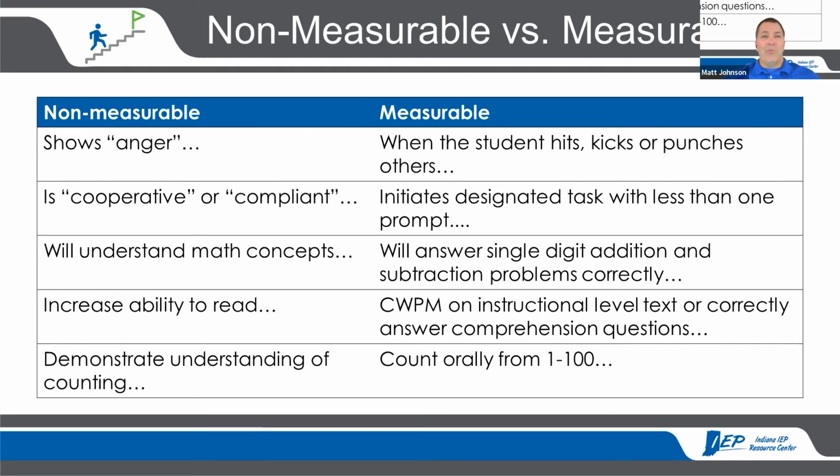I know when someone's angry, but we might need to say, what are the clues? What are the physical cues that I know the student's getting angry or getting frustrated or is upset or is anxious or whatever it is, so that I, as a classroom teacher, know I'm supposed to prompt them to start this calming strategy? If it just says, when the student's angry, then that's up to my interpretation.